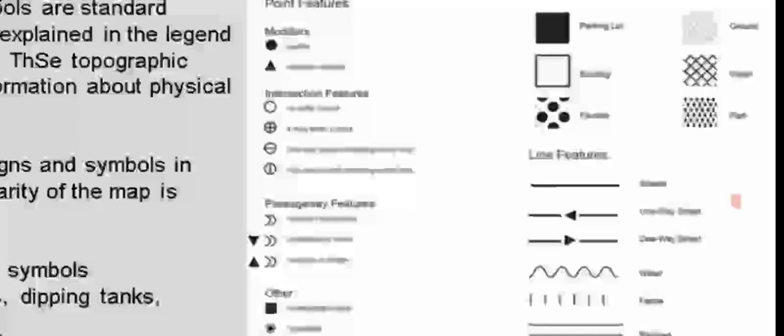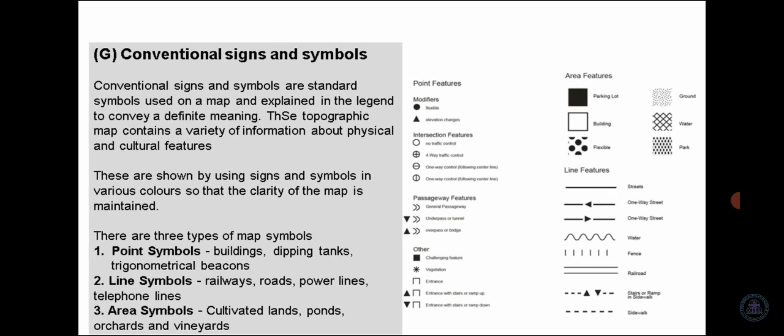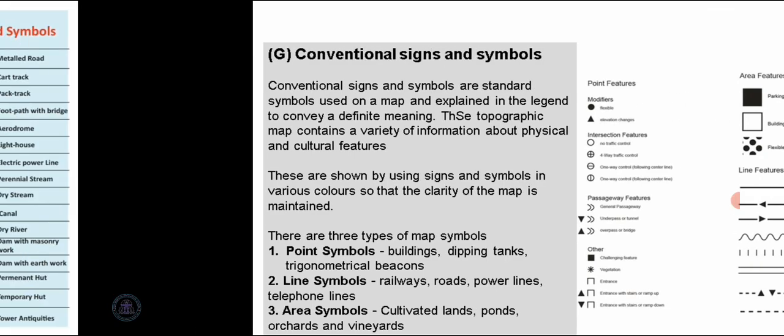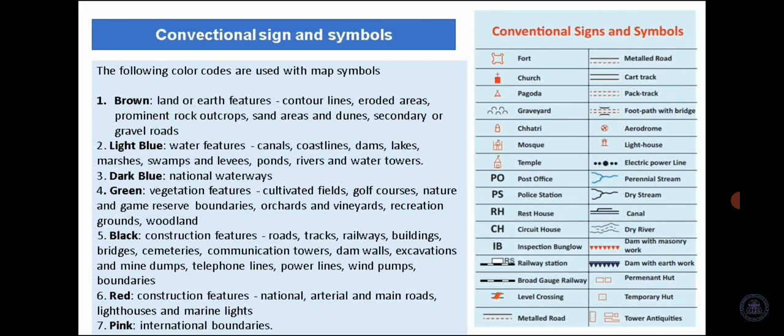Point symbol: building, dipping tank, trigonometrical beacons. Line symbol: railway, road, power line, telephone line, etc. Area symbol: cultivated land, pond, orchard, and vineyards. Different types of symbols are shown here. Conventional signs and symbols.